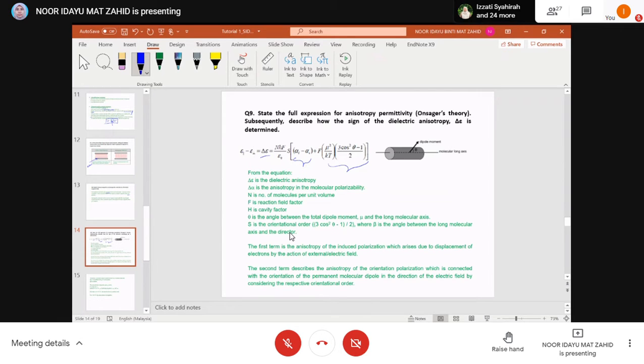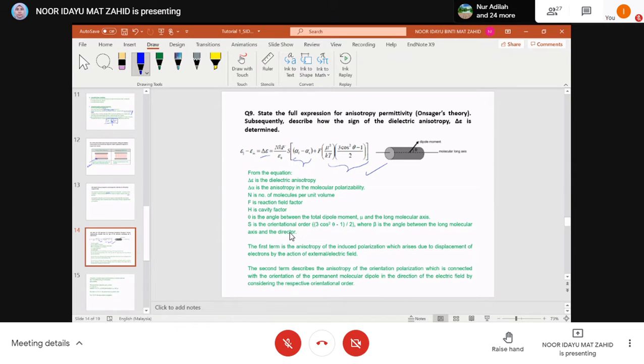Question number 9. State the full expression for anisotropy permittivity, referring to the Onsager theory. I think in this question, we started to apply electric field. Subsequently, describe how the sign of the dielectric anisotropy, delta epsilon, is determined. First, you give the full equation for Onsager theory.